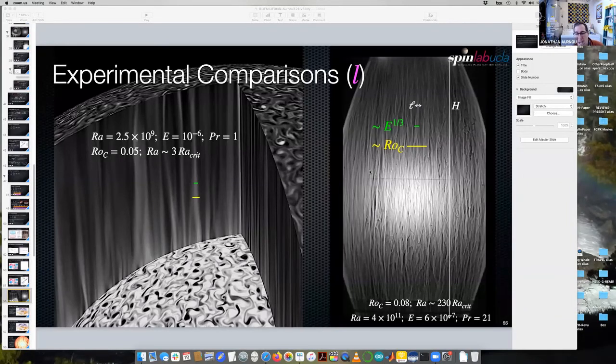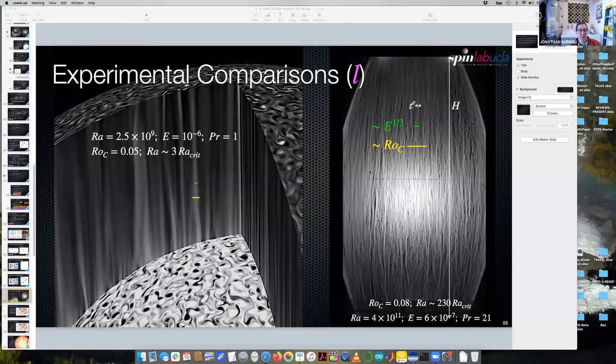This will allow us to figure out, in a compositionally driven rotating convection system, whether all these scalings work. They do seem to work well so far in metal. Everything seems to be holding well in metal. I don't know yet in water, but that's what we'll be doing in the next couple of years, trying to make these measurements much more quantitatively and much more clearly. That's a bit of work.